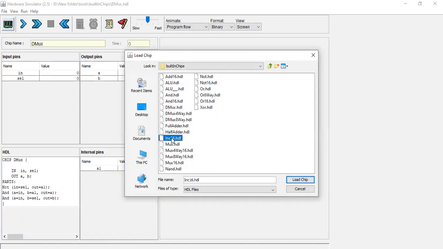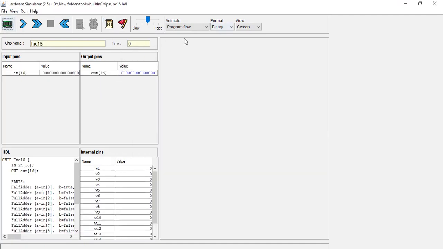So what if manual? Manual na to simulate. Format, let's change this to decimal. So what if atong input is 5? So yung output, of course, we expect the output to be 6. So plus 1 lang. 6 siya. Right.